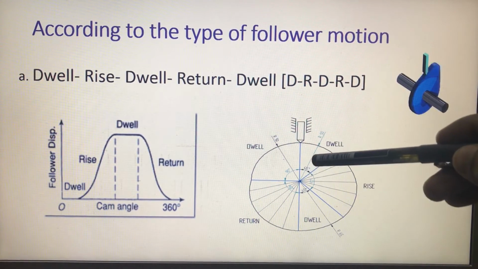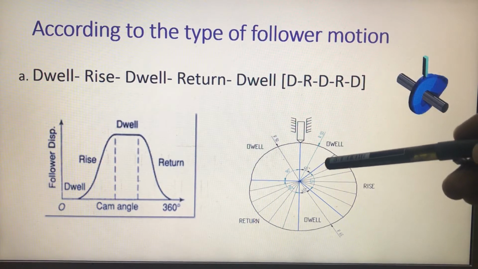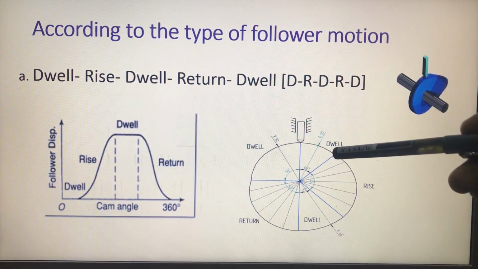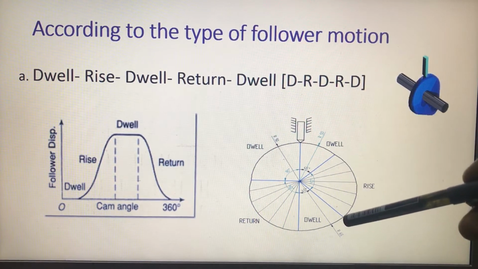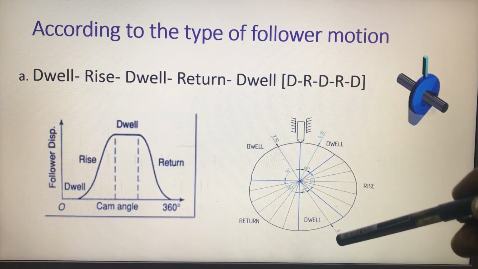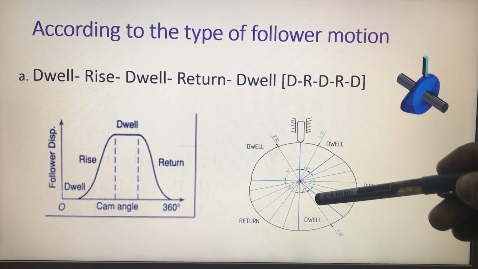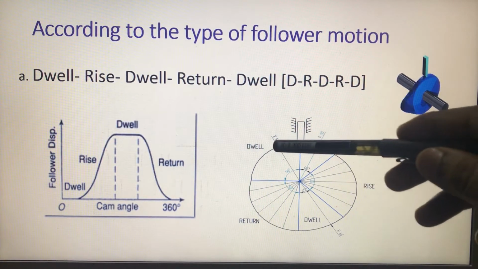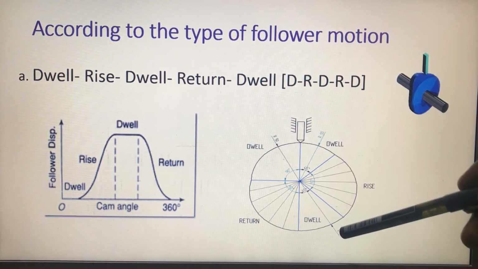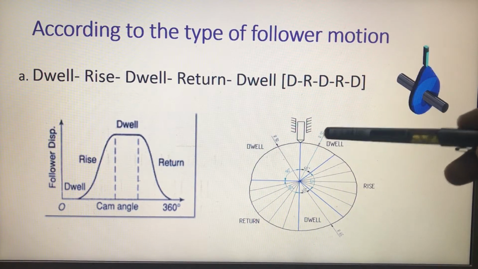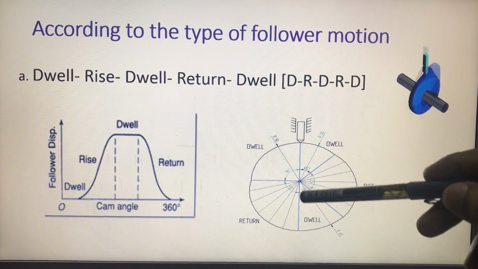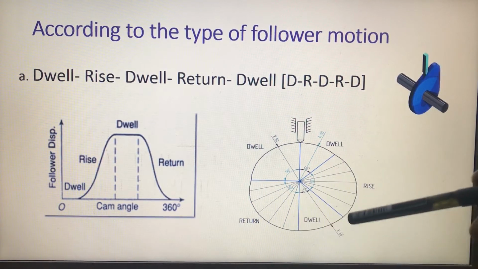Next, after this 45 degree, it will rise up to 65 mm for the next 90 degree. That means it is rising from 50 mm to 65 mm. That is, the displacement of the follower is 15 mm. Next, again it has constant radius, so there is no displacement in this region.